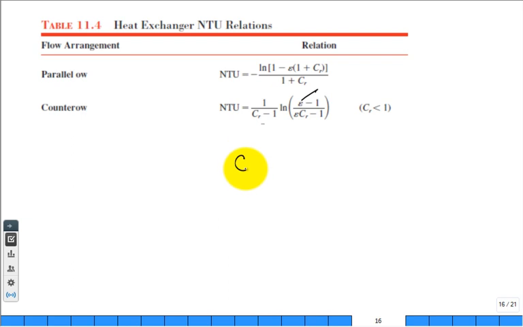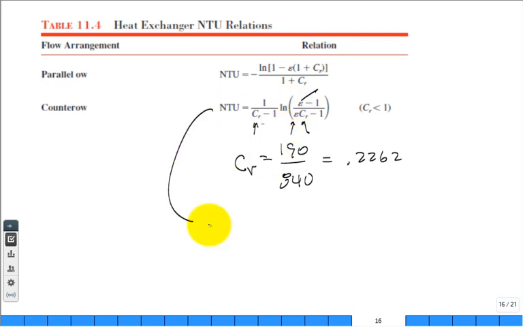I didn't calculate C R, but that was 190 divided by 840, which is 0.2262. So the C sub R, the effectiveness, don't make an error, and the number of transfer units comes in to be 0.91611. What was the number of transfer units? It was UA divided by C min.